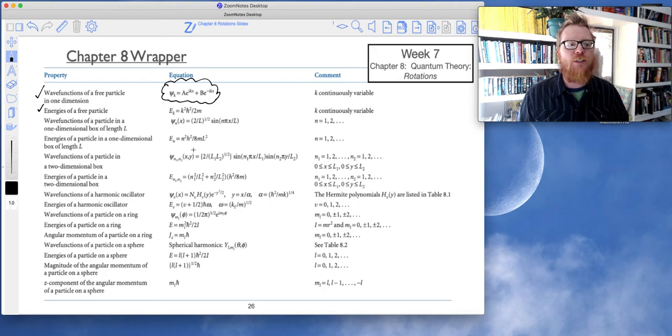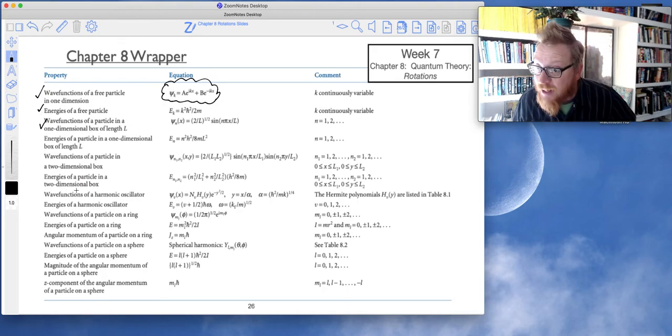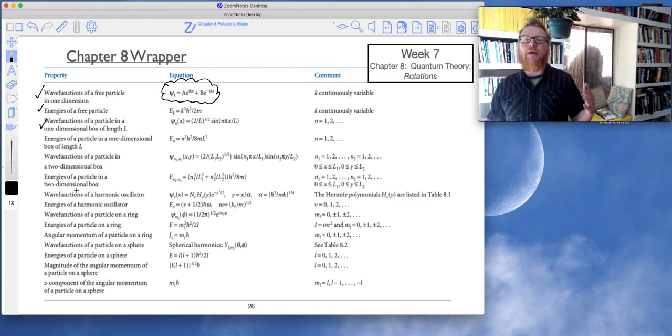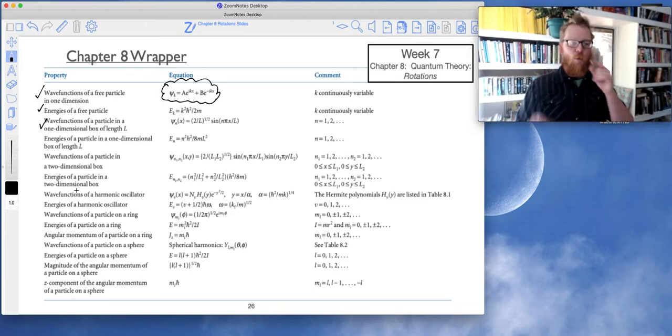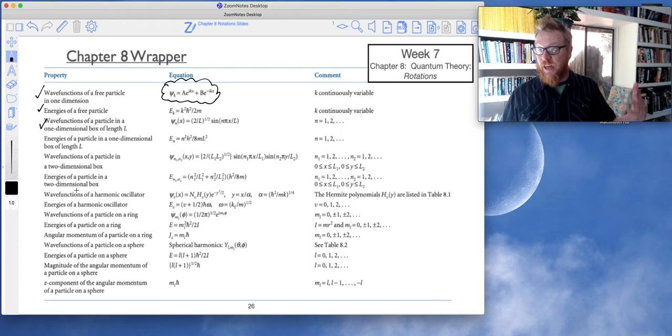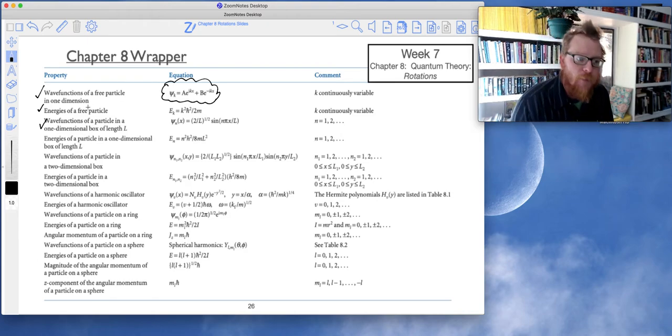And when we turn this free particle into a particle in a box, free particle means that it's just able to float around wherever it wants. It has no potential energy barriers. But our particle in a box does have a potential energy barrier. And from that model, that's where we got principal quantum number.